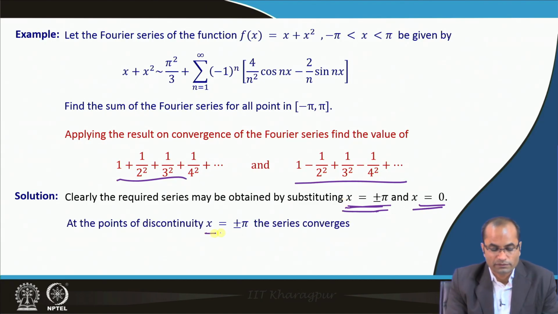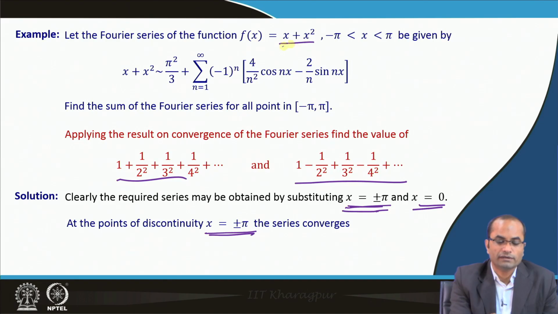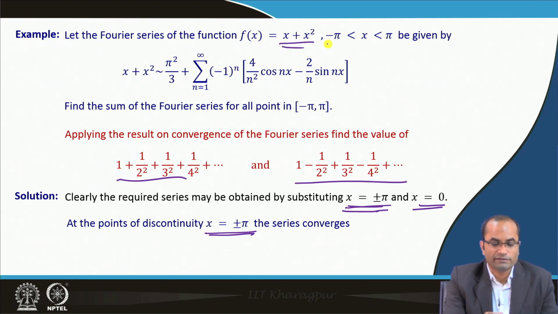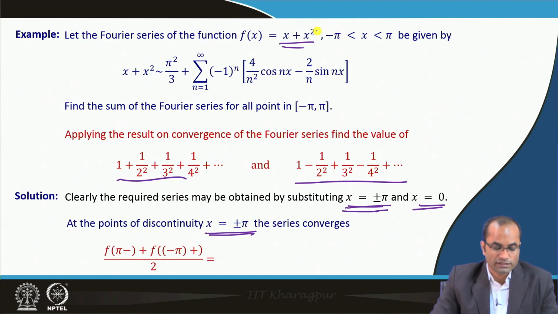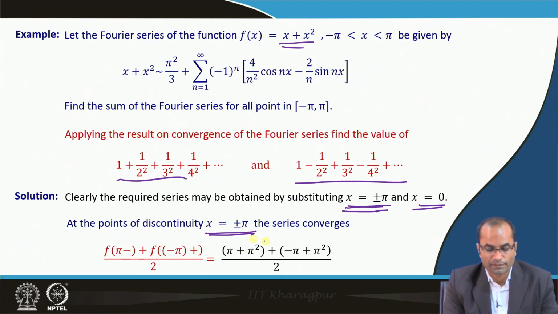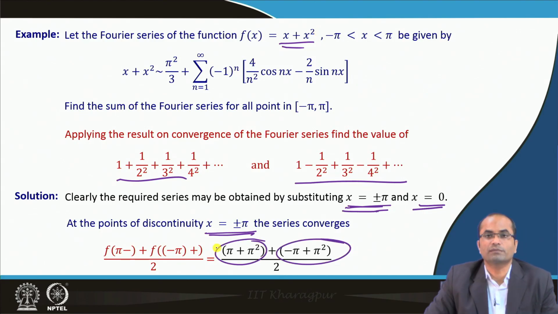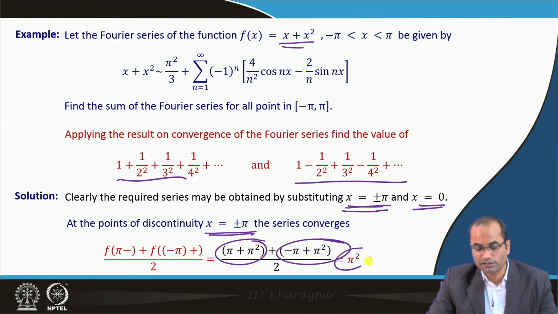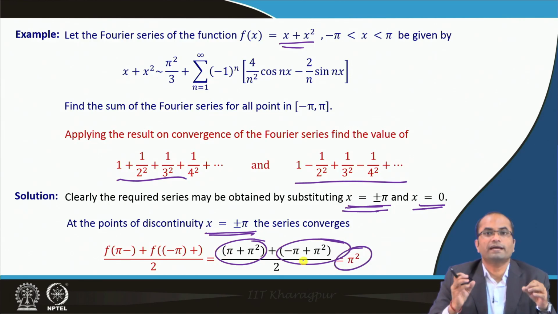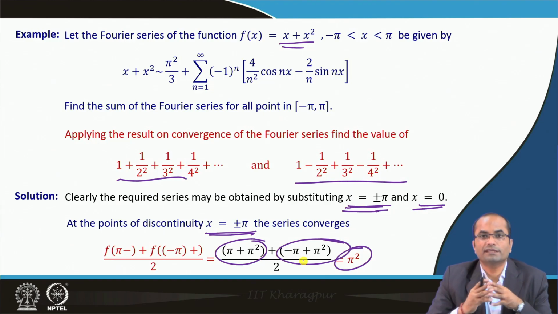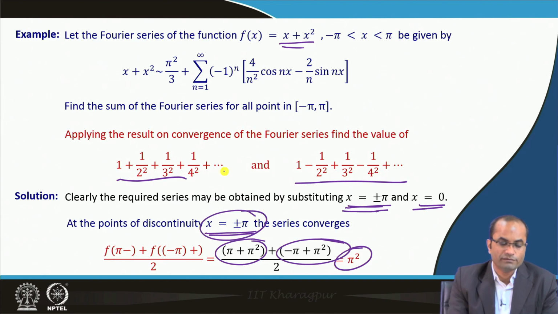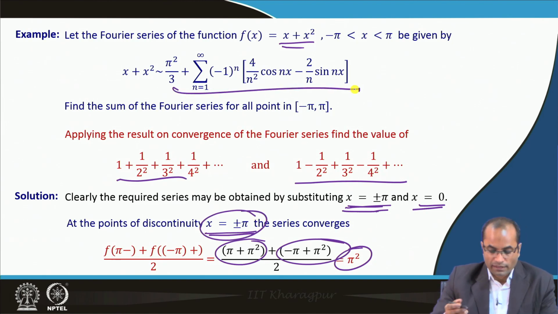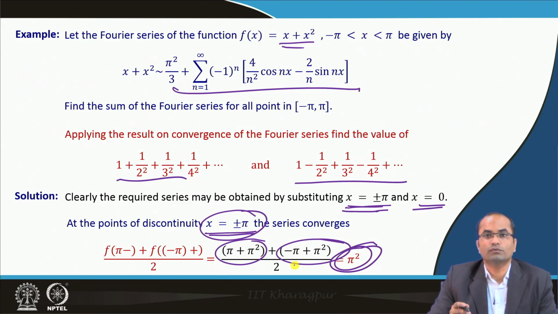At this point we have a discontinuity: on one side we have pi plus pi square, on the other side minus pi plus pi square. So this series will converge to the average value, pi plus pi square and minus pi plus pi square divided by 2, that means pi square. So we know that at x equal to plus or minus pi, the series converges to pi square, and then the same point we will substitute in the series, set equal to pi square.